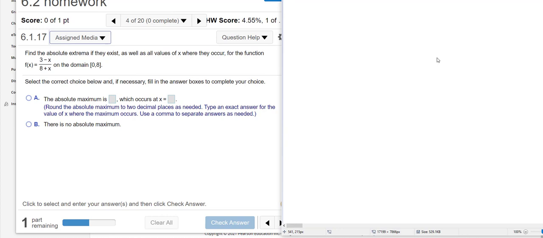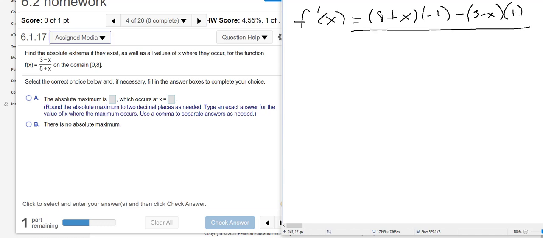So number 4 is slightly different since it's a rational function, so let's do this one. To find the derivative, we take the denominator, 8 plus x, times the derivative of the numerator, negative 1. Subtract from that the numerator, 3 minus x, times the derivative of the denominator, 1, over the denominator squared.